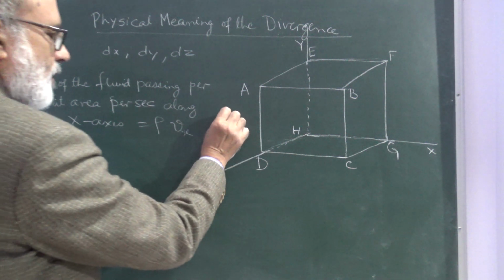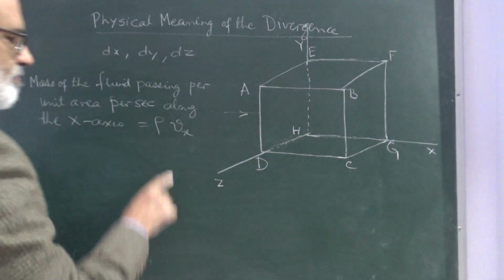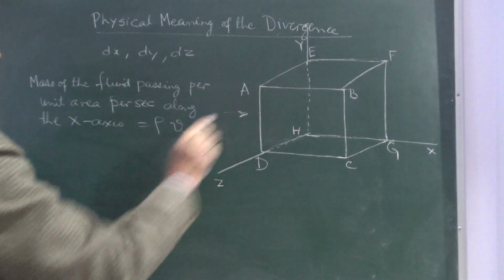So this is the mass of the fluid passing per unit area per second through this surface.